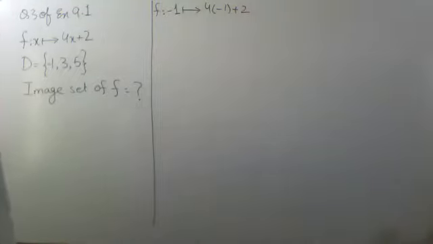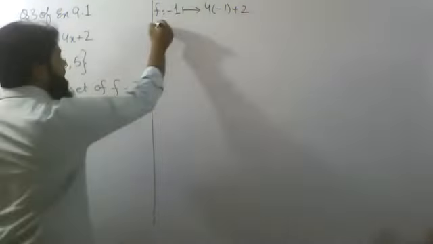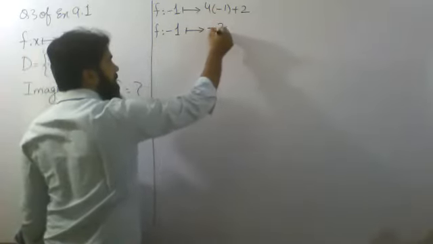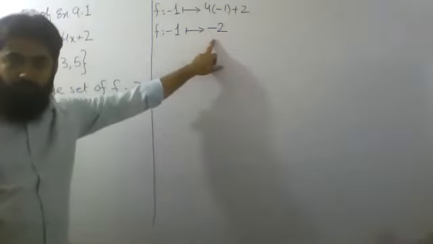Simplifying it, 4 into -1 will be -4, plus 2 will be -2. So when I have plugged -1 into my given function, I am getting -2.